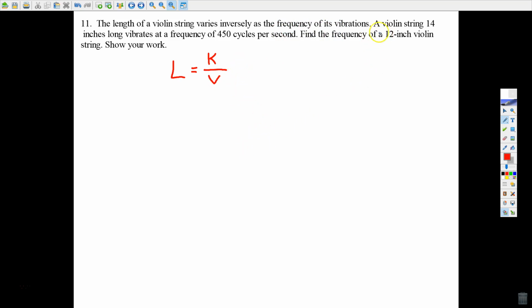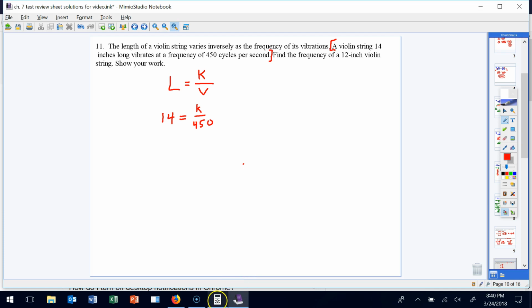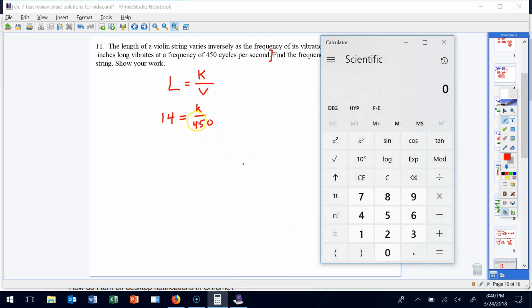Okay, length varies inversely with the frequency of its vibrations. What we're about to be given is going to help us find out what this actual number called K is. A violin string 14 inches long, that's length, vibrates at a frequency of 450 cycles per second. That's V. All right, so we'll grab our calculator and multiply both sides of this equation by 450.